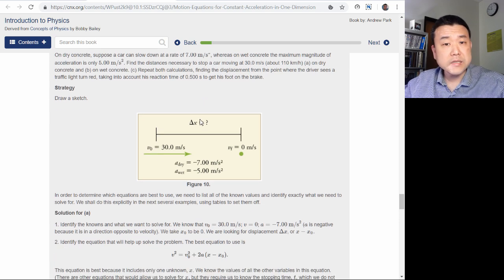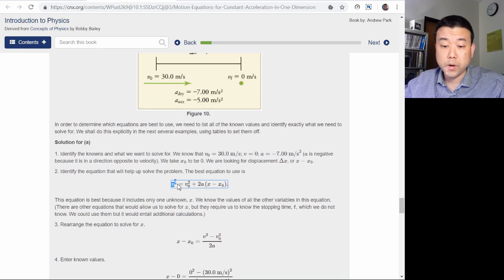And this can be a difficult question. It uses something called the v squared formula. It's one of the kinematics equations. And I'd say for this homework question, use this formula to do it. You are given the initial velocity v naught. Your final velocity v is 0.